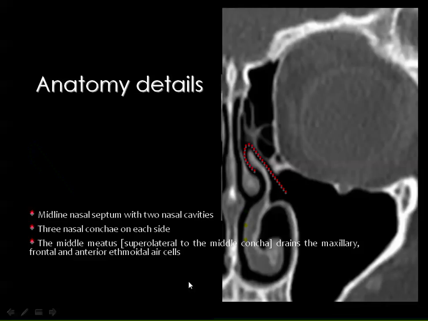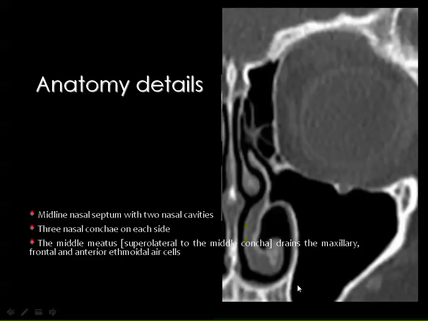The maxillary antrum has an osteomeatal complex unit, which is formed of 4 parts, and these parts are the site of the maxillary antral ostium, then this passage, which is known as the ethmoid infundibulum, then this curve, which is known as the hiatus semilunaris and ending by the middle nasal fossa.